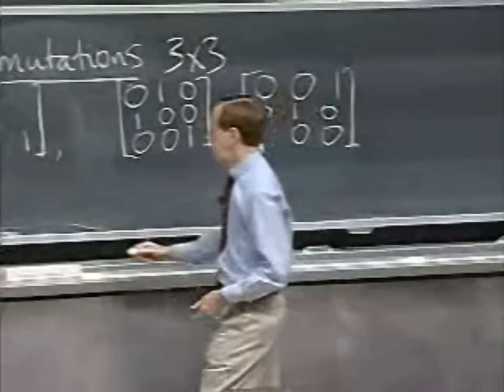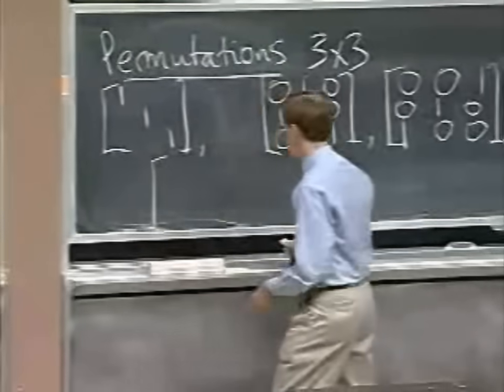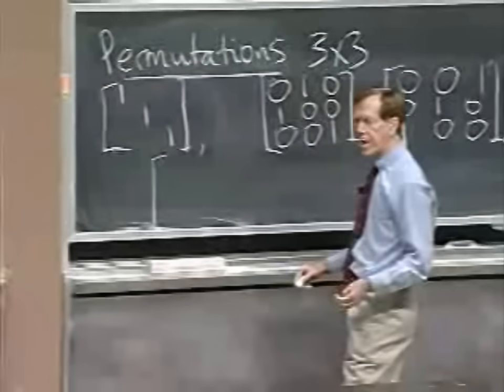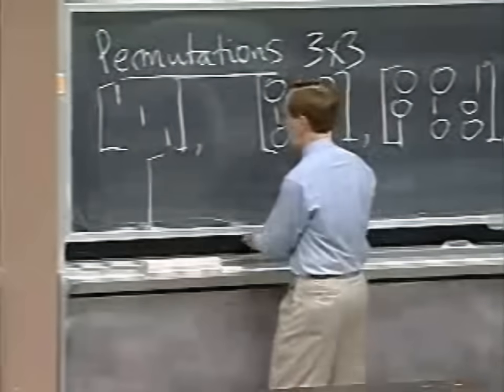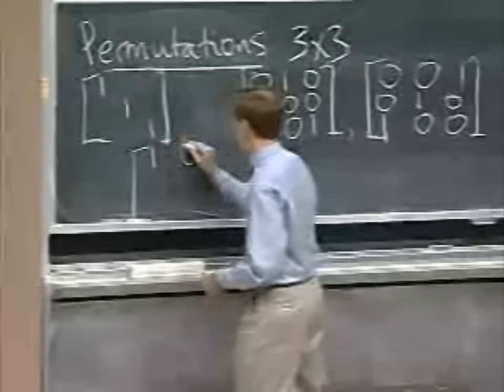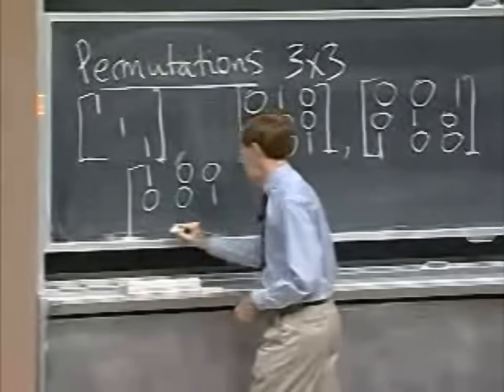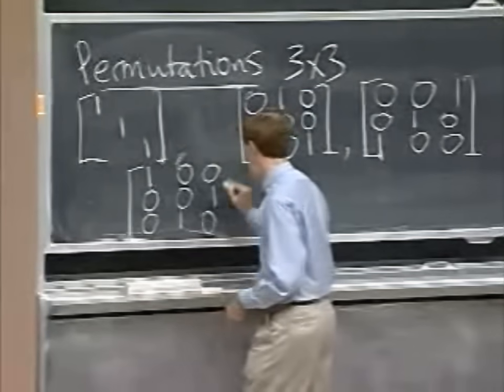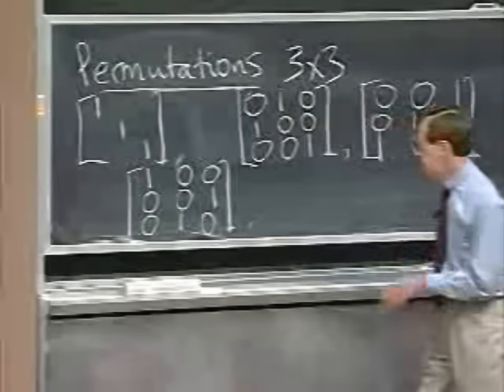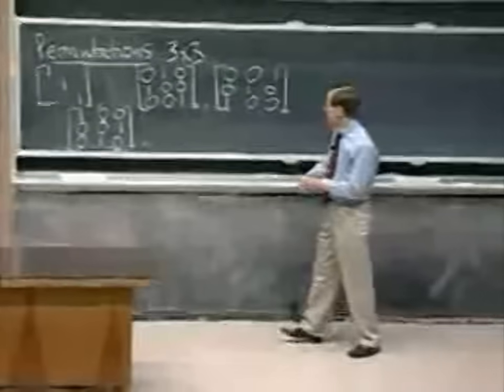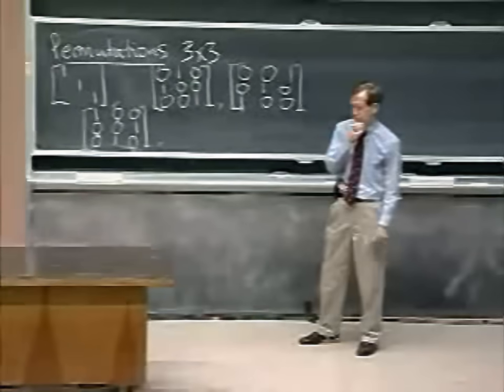Okay. Now what else? The next easy one is switch 2 and 3. Good. So I'll leave 1, 0, 0 alone, and I'll move number 3 up and number 2 down. Okay. Those are the ones that just exchange a pair of rows.